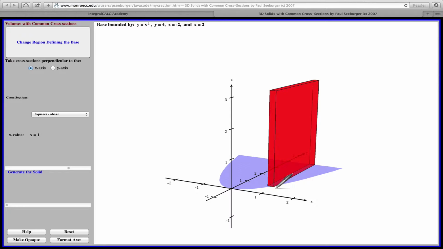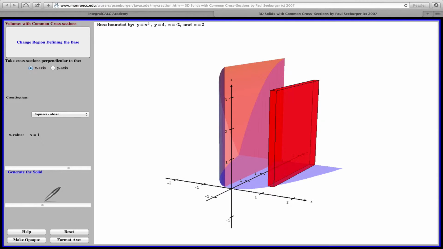Now, I know it doesn't look this way because it's not drawn to scale, but if it's a square, then this side is going to be the same as that side because it's a square. And then this thickness is going to be dx, some thickness dx. So you'll find the volume of this, and then watch what we're going to do. We're going to use integration, and we are going to add up an infinite number of these squares.